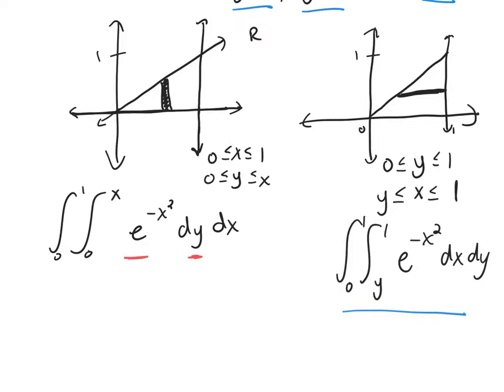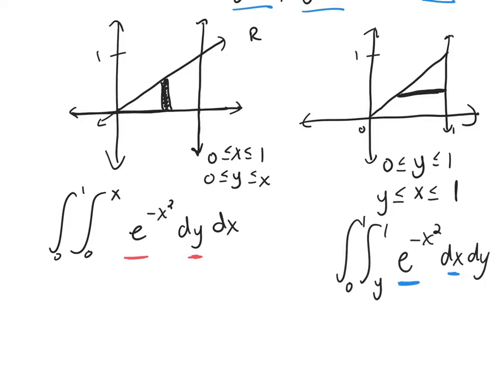But on the right, I'm integrating with respect to x first, and this function is not easy to integrate with respect to x. If you try any of our integration techniques, they won't help you compute this integral. So if I go with the integral on the left, it's easy to compute, but if I go with the integral on the right, it's impossible for me to compute.